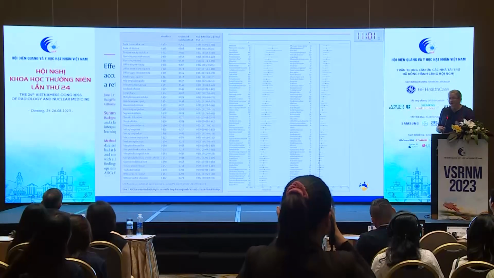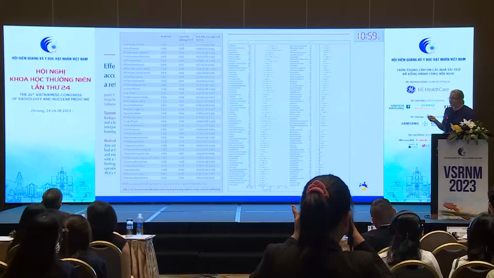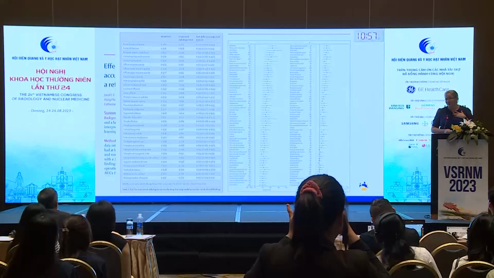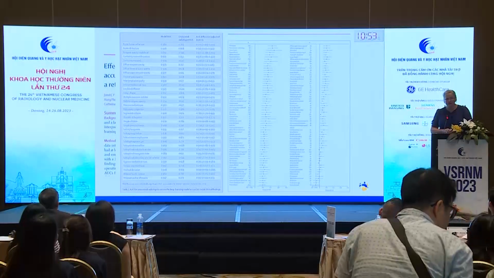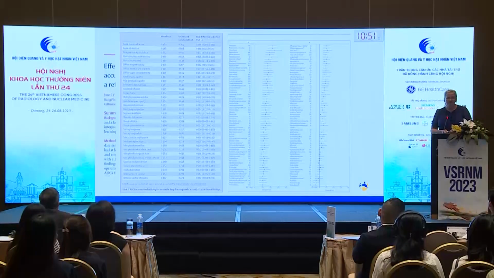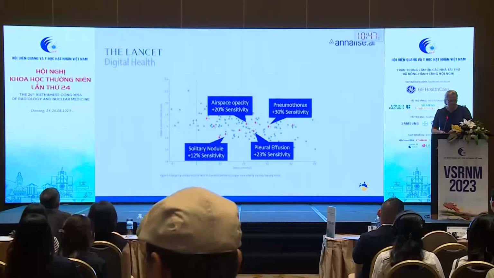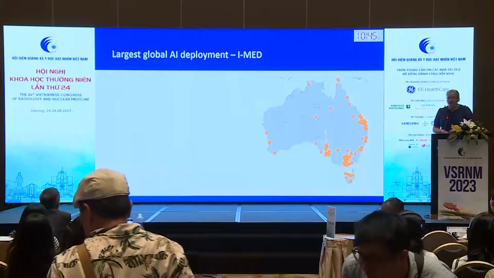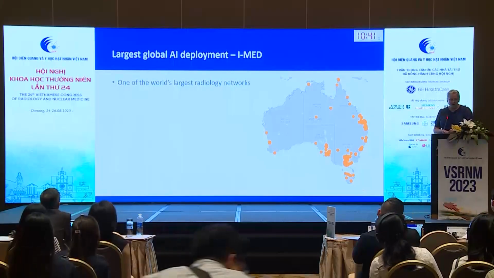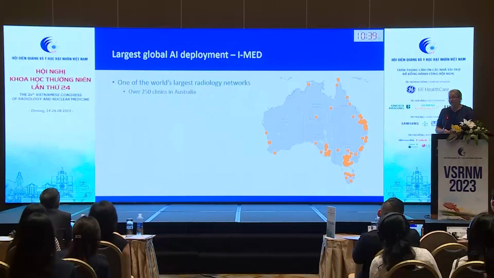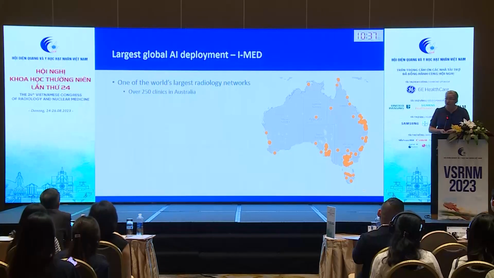So all of this evidence we took into account at IMED, where I work, before we decided to implement this across our entire network. IMED is a very, very big company. We have more than 250 clinics, I think it's nearly 300 clinics.